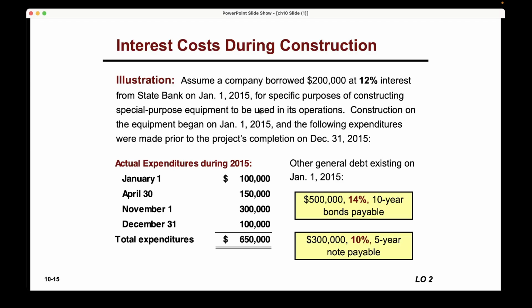We assume a company borrowed 200,000 from State Bank on January 1st, 2015, and the interest rate is 12%. The purpose of the loan is to finance the construction of special purpose equipment to be used for the company's operations.